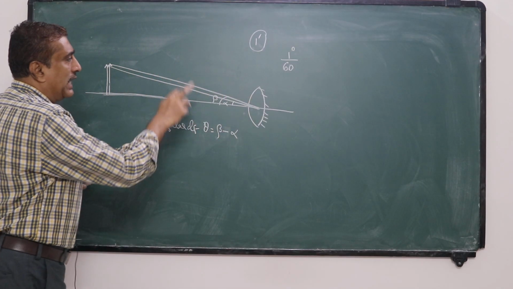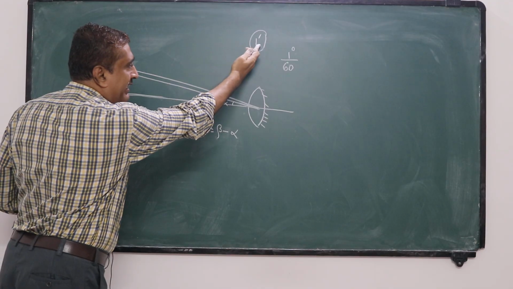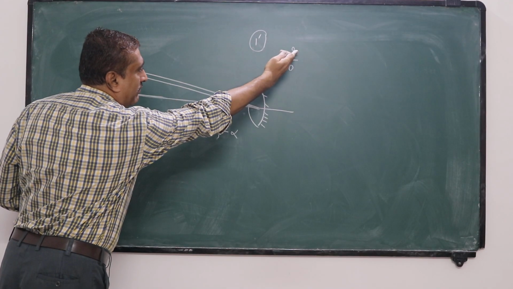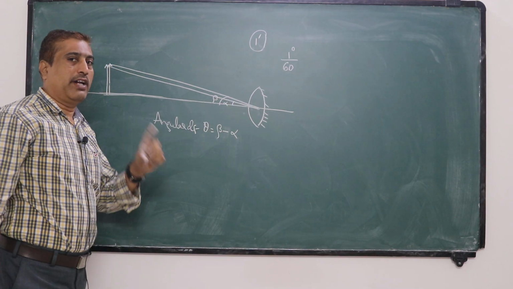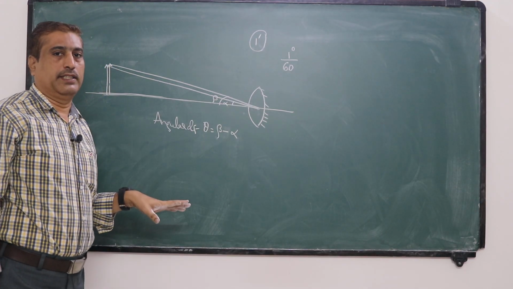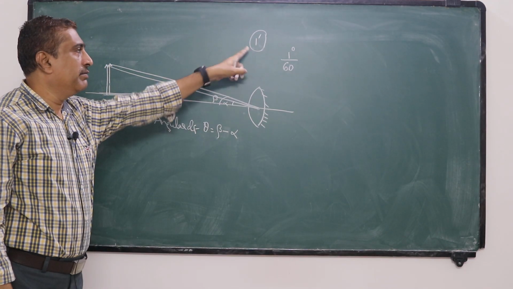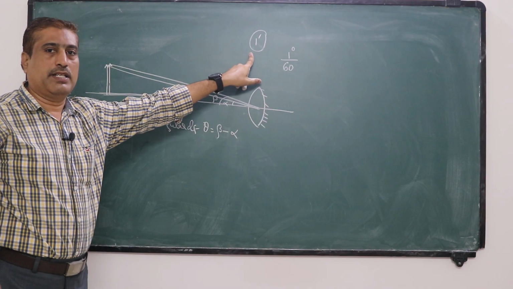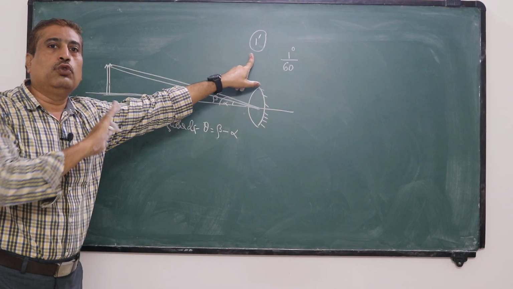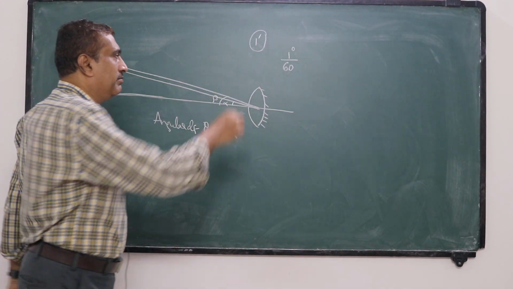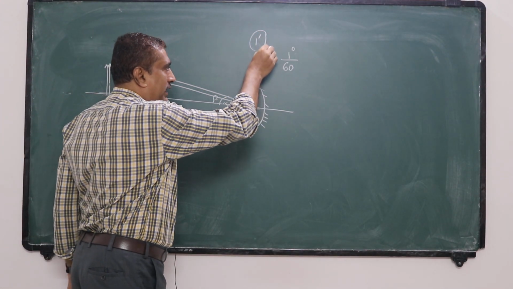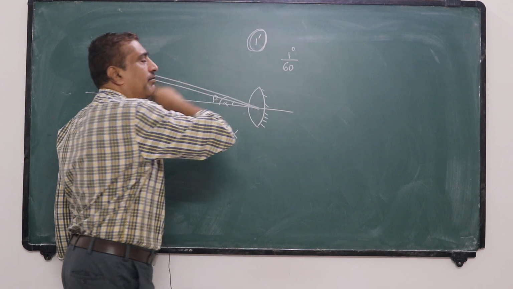So if the angular difference is greater than 1 degree by 60, then our eye can see them as separate objects. If it is less than 1 minute, our eye cannot see them as separate. That means those two objects cannot be resolved. So the limit of resolution of our eye is this 1 minute.